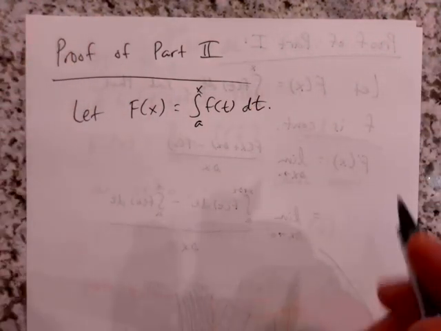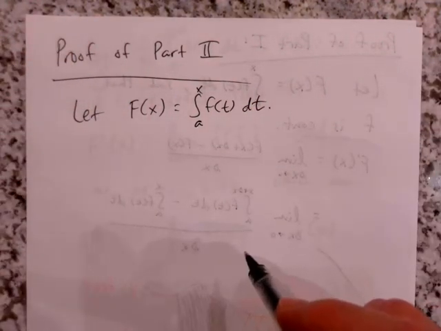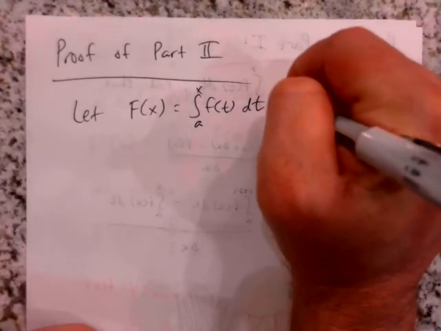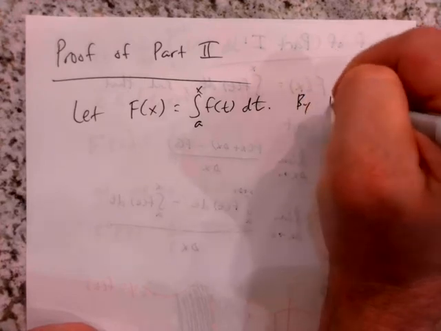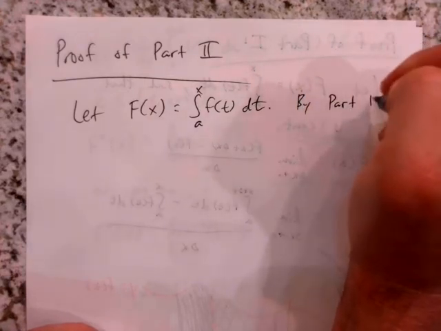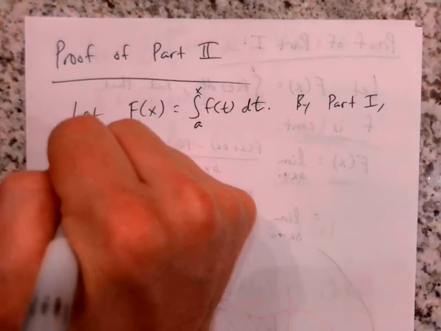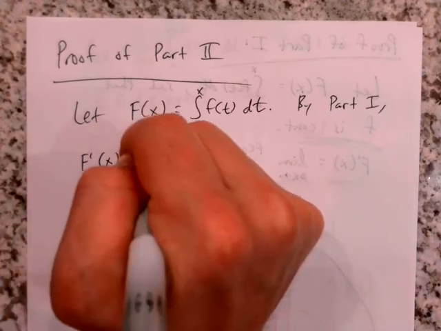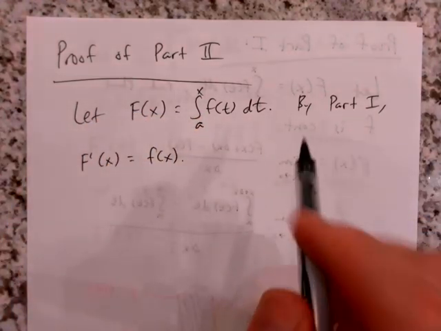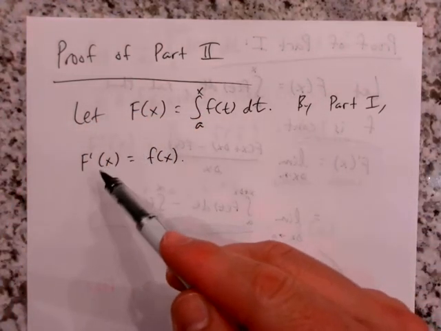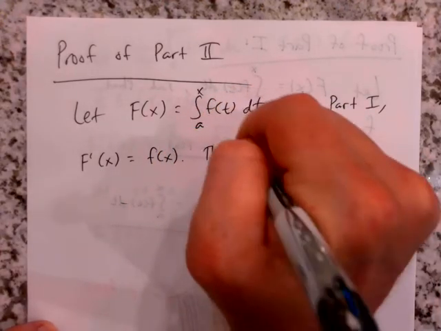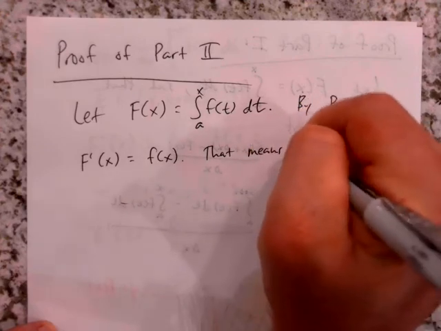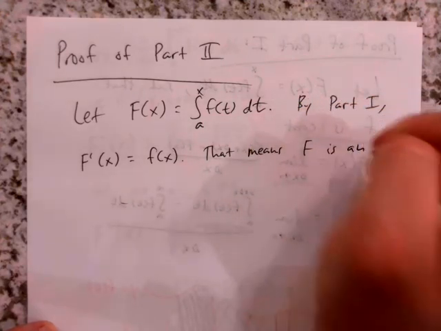For a continuous function f, F is still continuous. We just showed in part 1, so I'll say by part 1, that big F prime equals f of x, which means that big F is an antiderivative of small f on the interval a to b.